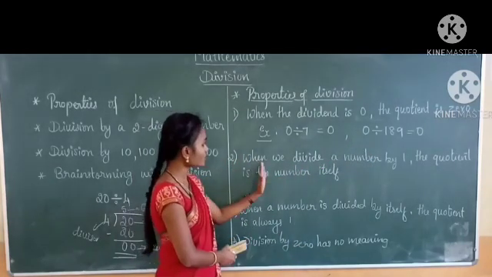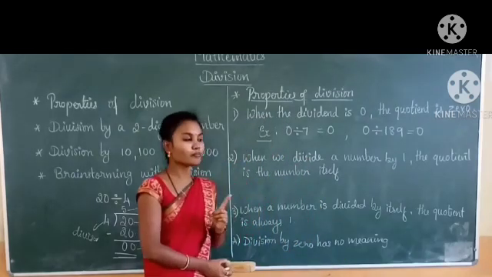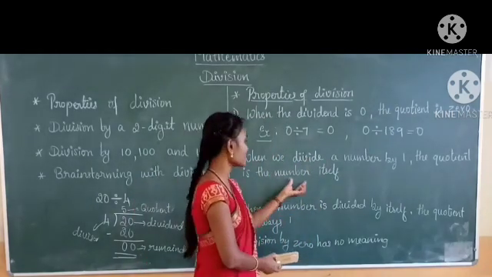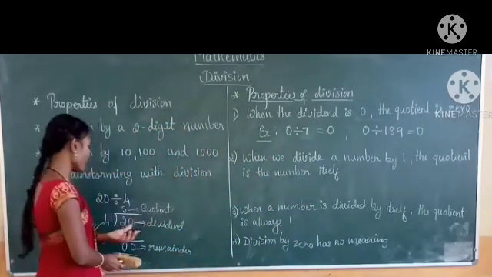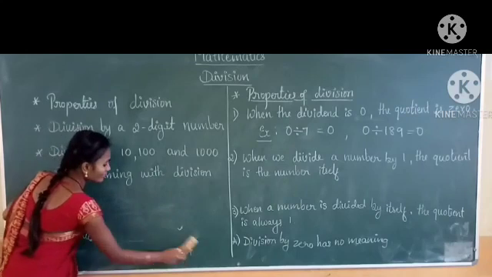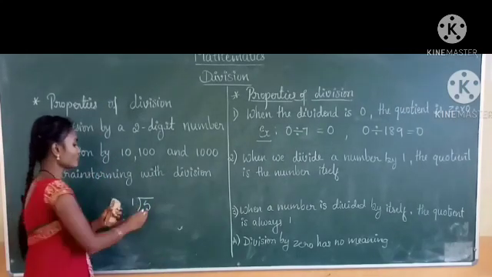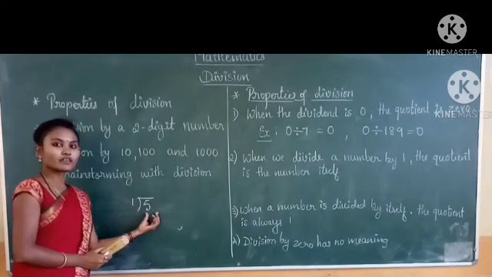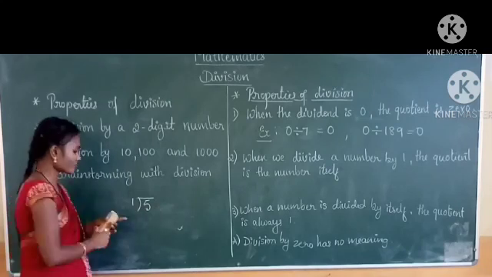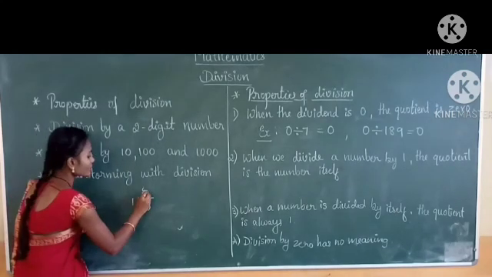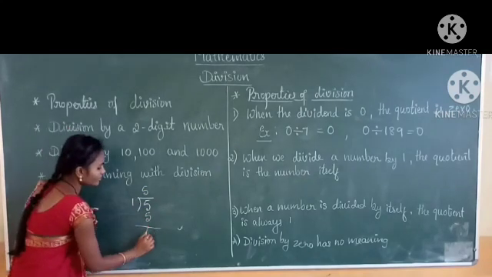Next, second property is when we divide a number by 1, the quotient is the number itself. So here I will divide 5 by 1. We know that 1 5 is 5. 5 minus 5 is 0.